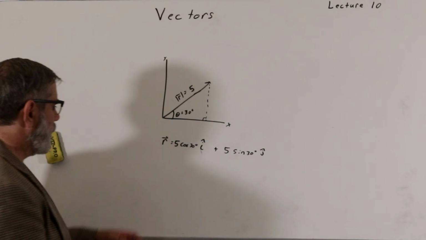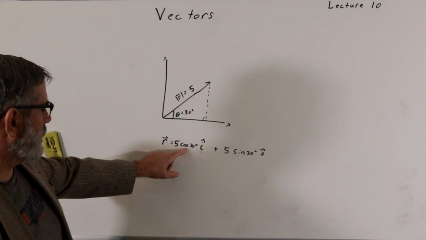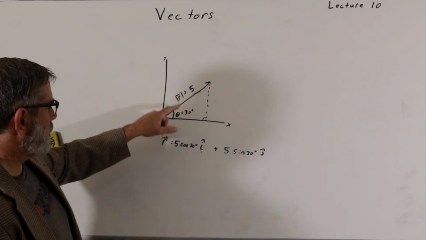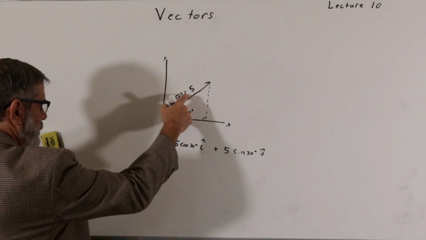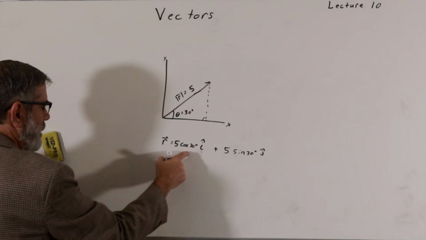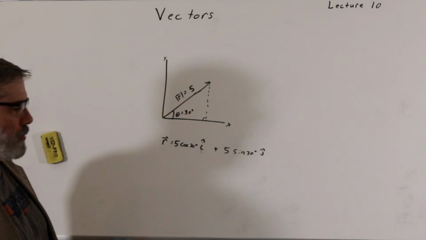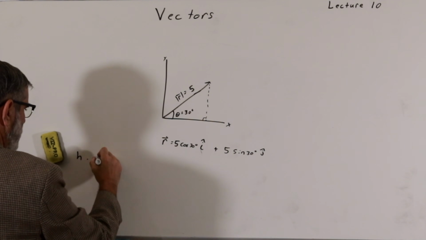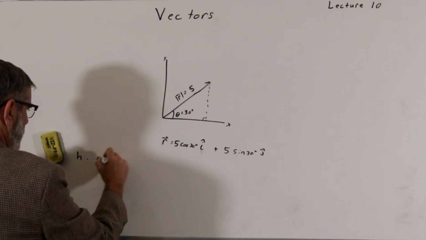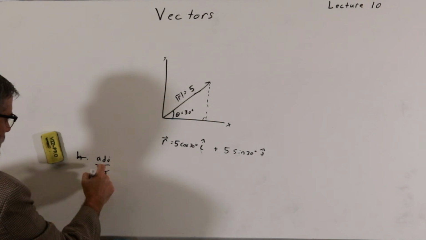Now, how am I doing that, you might ask? Well, remember, the cosine is the adjacent divided by the hypotenuse. And if I multiply the hypotenuse, which is the magnitude 5, times the cosine, then all I'm left with is the x component. It's just a simple cancellation. So if I take the hypotenuse times the adjacent over the hypotenuse, this cancels and I'm left with just that.